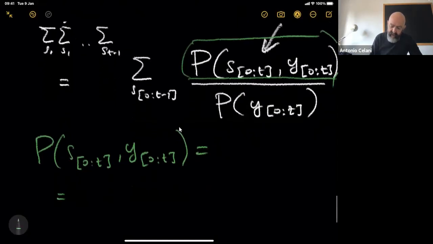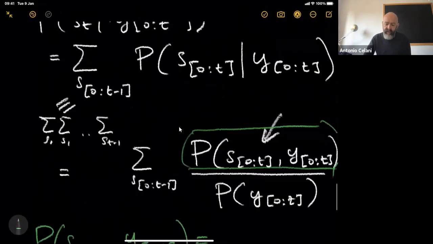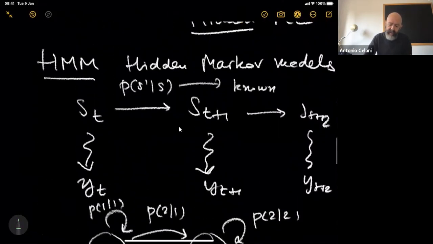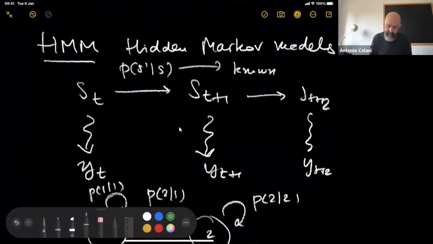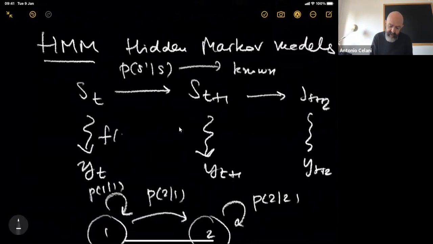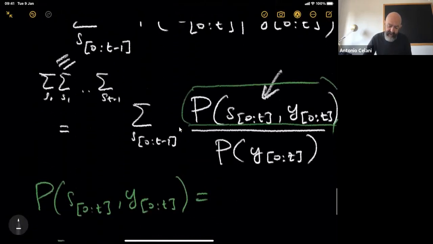Well, first and foremost, there is the initial state. Okay, so you see how the process works. At the very beginning, you have a state, then you make an observation, then you jump to another state and you make another observation. Okay, and here I didn't plot it, but it's worth putting here that what is governing here is the probability distribution of the y given s.